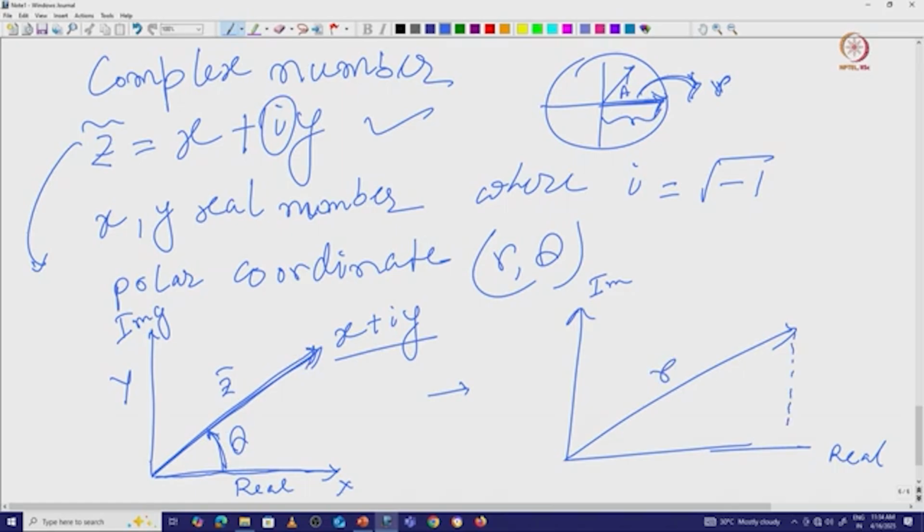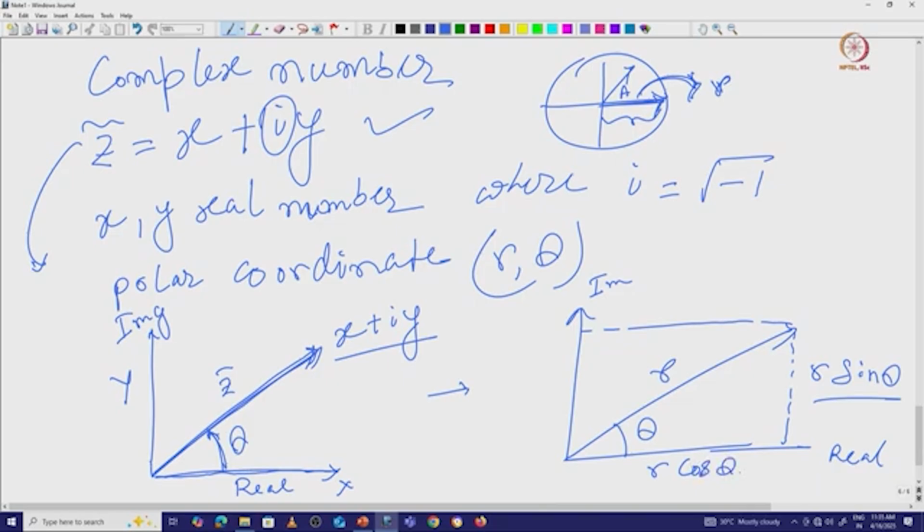Now, if we draw a line here and this angle is theta, this will be r sin theta and this will be r cos theta. From trigonometry, we know that if this is r and this is theta, this will be r sin theta and this will be r cos theta.